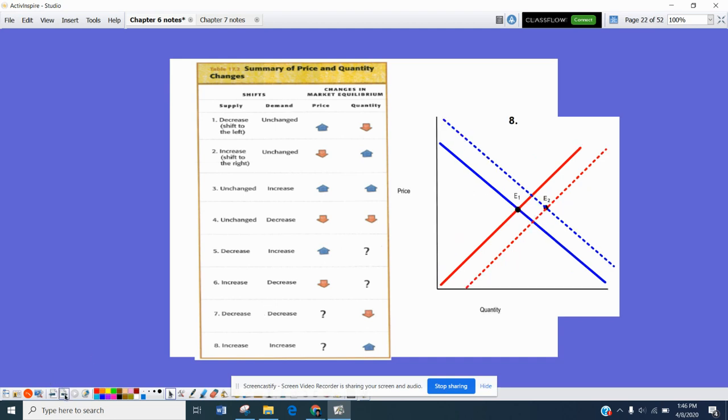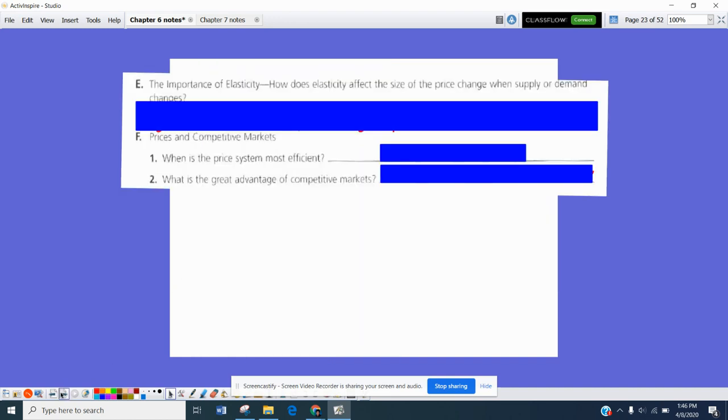And then in number 8, here we go. Again, we have an increase in supply and an increase in demand. That's going to push the curves a little bit towards the right. Your price isn't really going to be impacted that much. So hopefully that will help explain a few things.